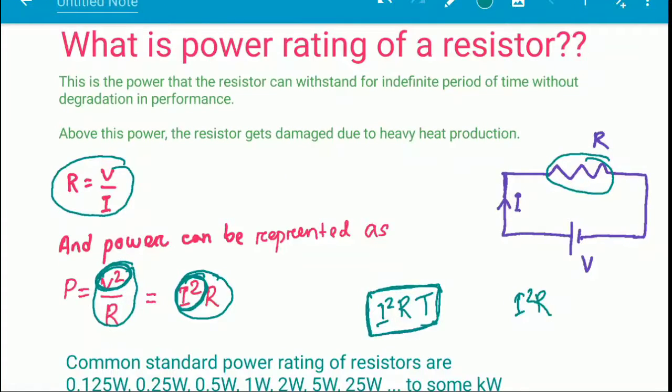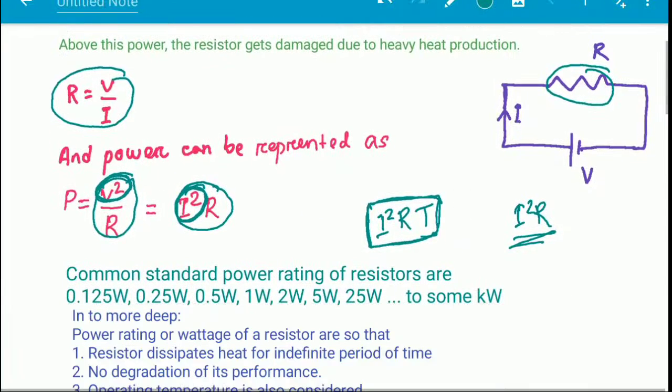So they provide the power rating of the resistor so that the user must be aware of the voltage across the resistor or the current through the resistor, so that it will not lead to a situation where the power exceeds that power rating and it will damage the whole circuit.